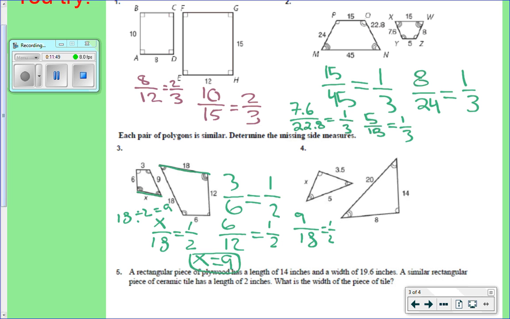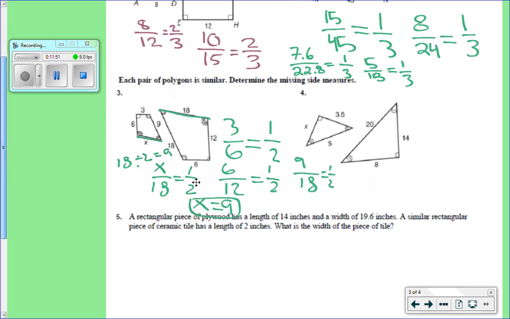One big clap. 1, 2, 3. Good. So he simplified 3/6 to 1/2. 2 times 9 is 18. 1 times 9 is 9. All right, number 4.